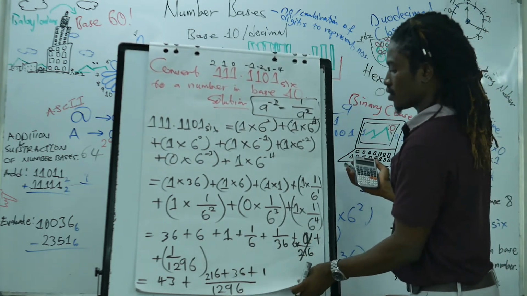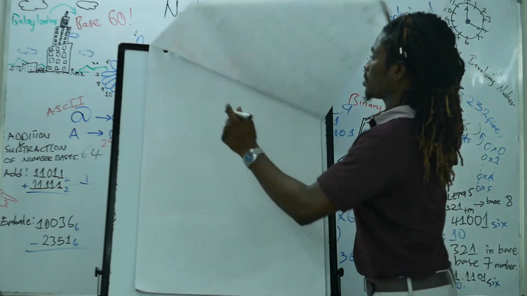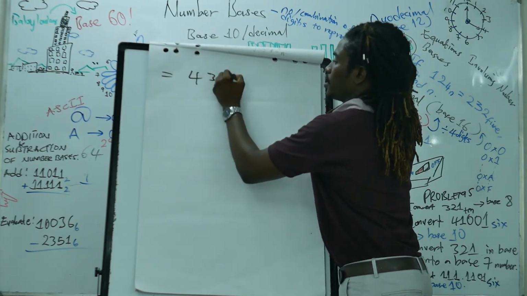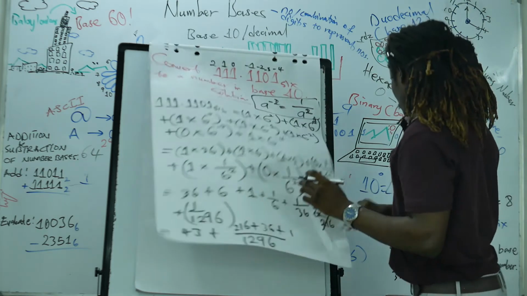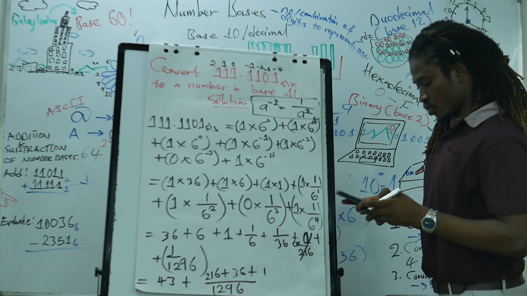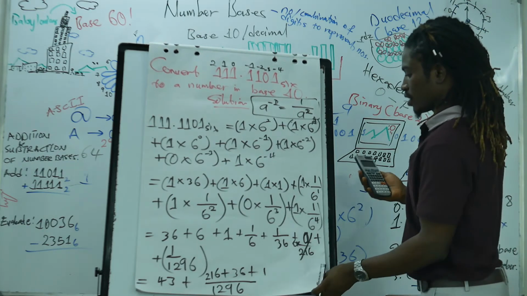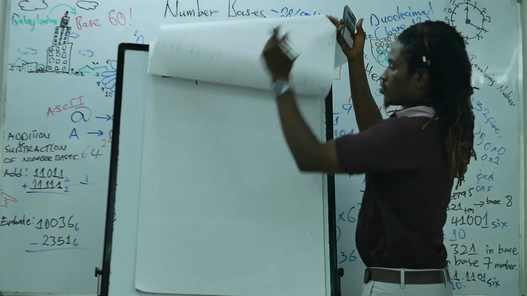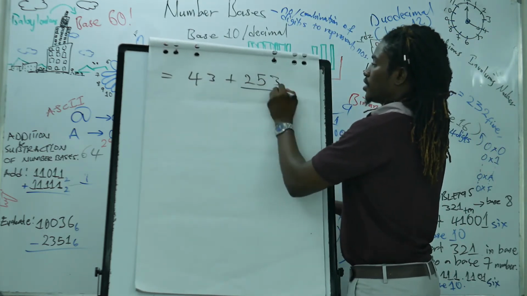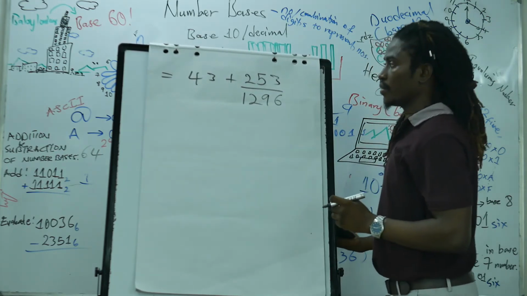So therefore we are going to have all of this summing. So let's just note it down. This is all equal to 43 plus, let's add up these values here. 216 plus 36 plus 1 is 253. 253 divided by 1296. Okay.